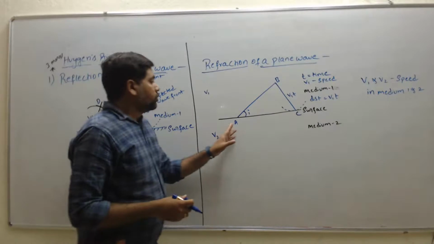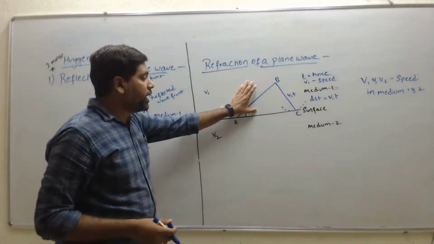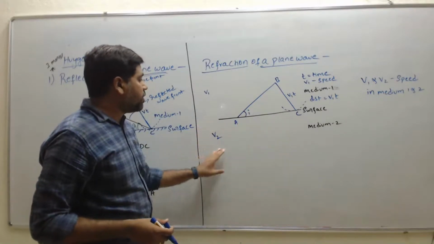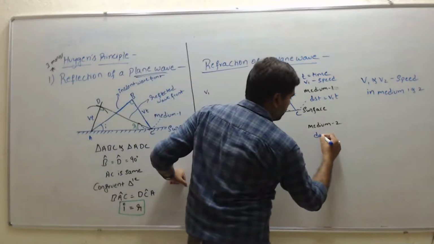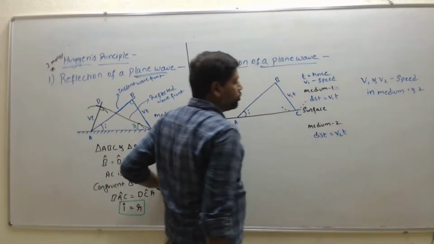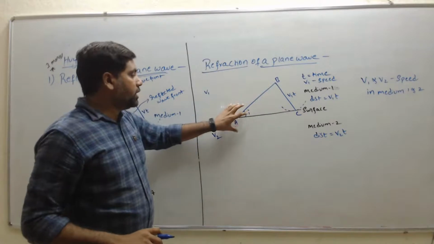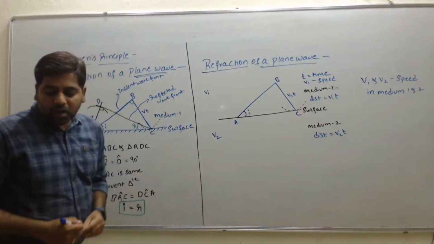But here the speed changes because the wave transmits from medium 1 to medium 2. Then the distance traveled by the source A is v2 t, since the time taken by B is the same as the time taken by A.